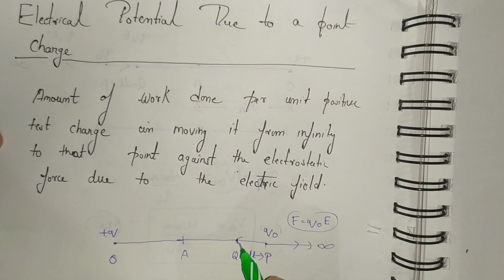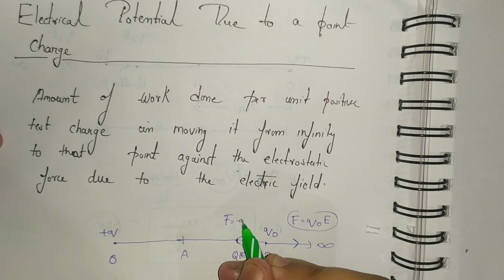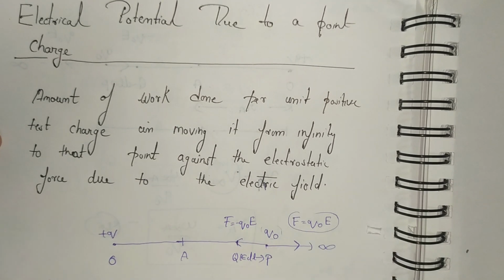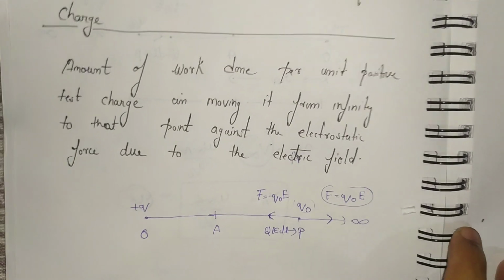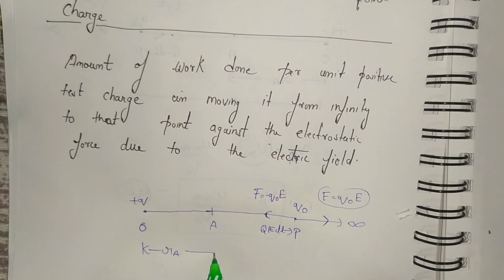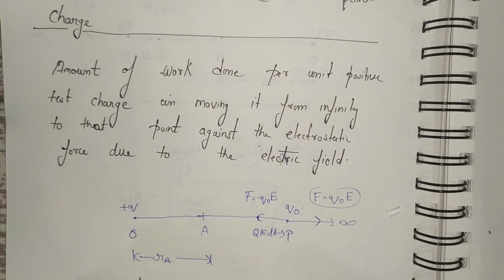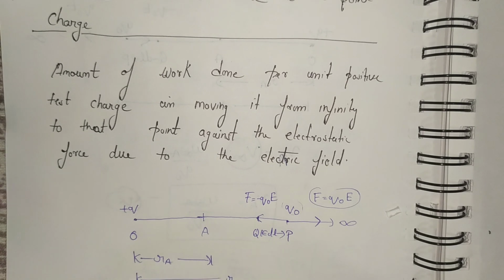Suppose this force is going in this direction, then we should apply the external force, that is minus q naught E, to neutralize the effect of the force or to make the charge static. Now we know the distance from this point O to P is R.